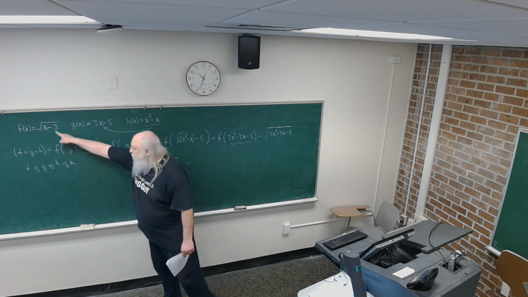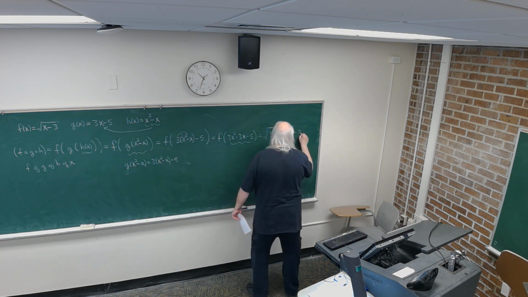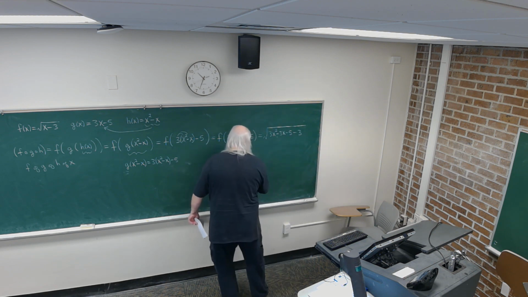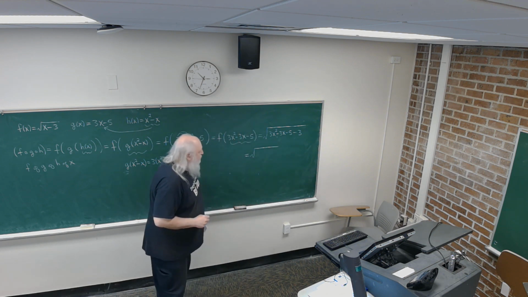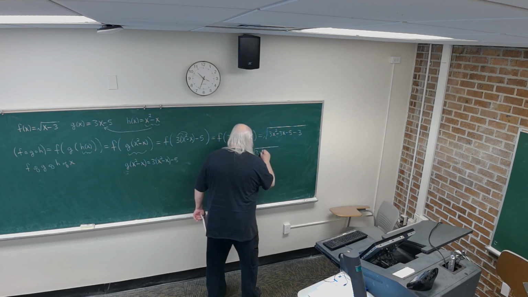And then don't forget the minus 3. And now when you simplify under the radical, you have 3x squared minus 3x minus 8.